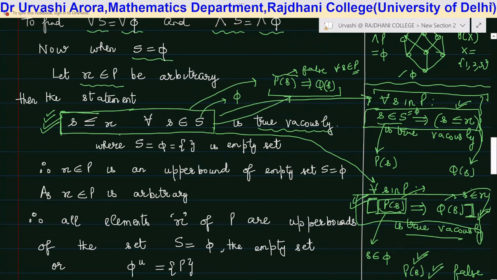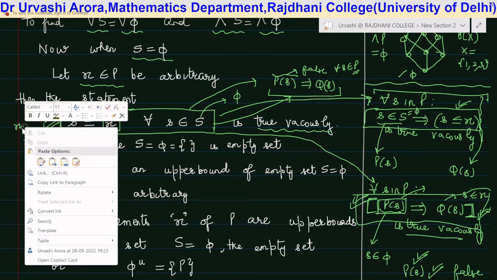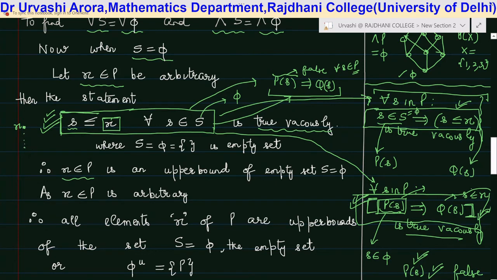So now once this has been proved true vacuously, this statement tells me that this x, which is an arbitrary element of the PO set P, is behaving like an upper bound for the empty set S. So this x belonging to P is because this x is greater than all the elements small s of S. If you try to draw the Hasse diagram, this x will be up at the upper level, and all the elements of the empty set supposedly will be at a lower level as per this statement.